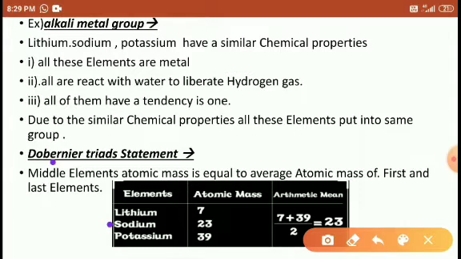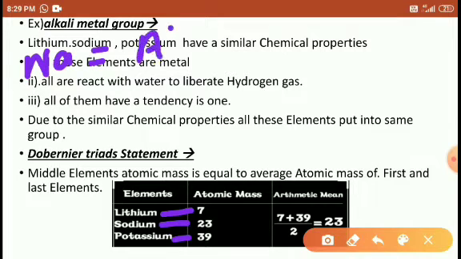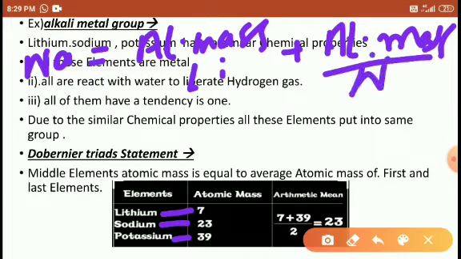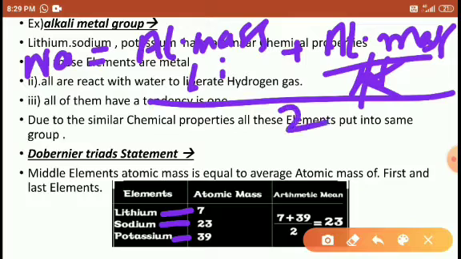The middle element's atomic mass is equal to the average atomic mass of the first and last element. The first element is lithium, the last element is potassium. The atomic mass of lithium is 7, sodium is 23, and potassium is 39. To find the sodium atomic mass: atomic mass of lithium plus atomic mass of potassium, whole divided by 2.